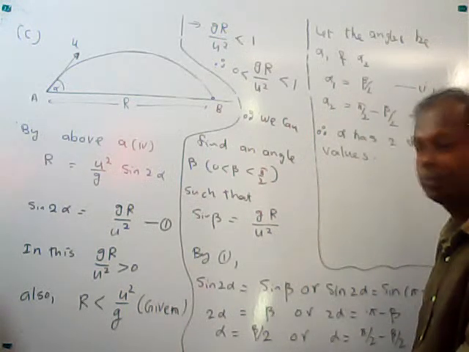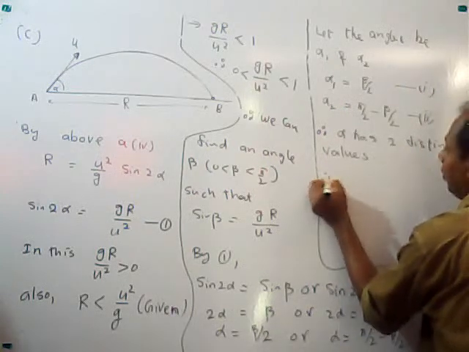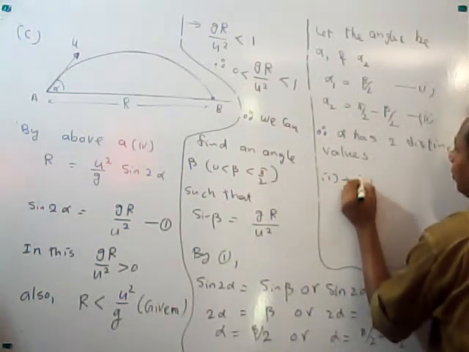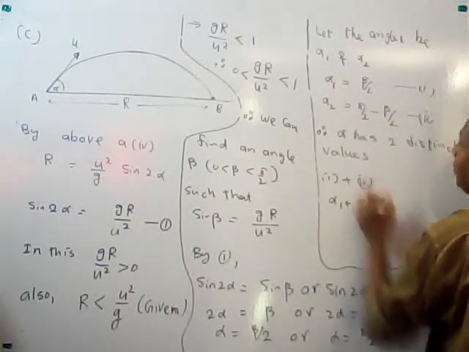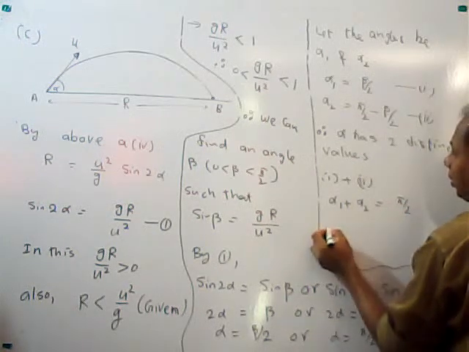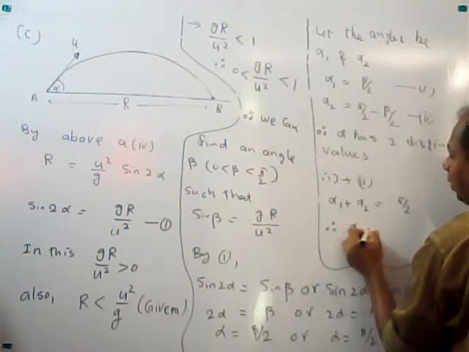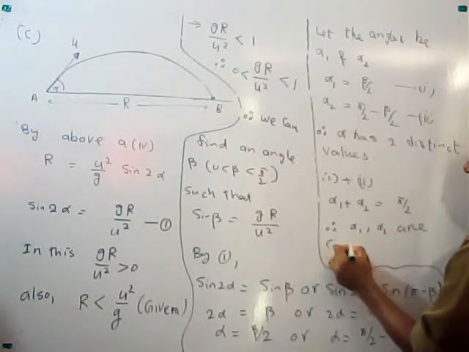It's very easy to do. You just add them. Alpha 1 plus alpha 2 is equal to pi by 2. So the two angles alpha 1, alpha 2 are complementary angles.